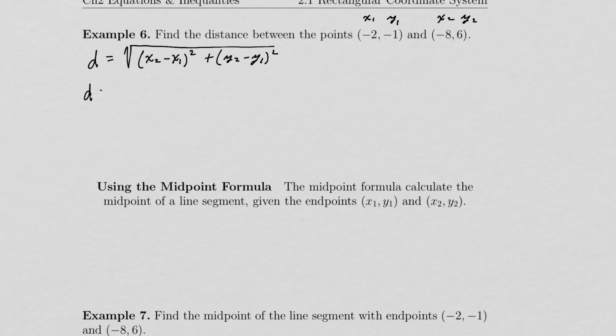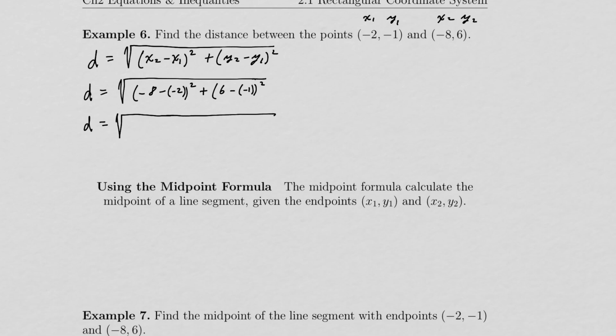So this will be -8 minus a -2 squared plus 6 minus a -1 squared. Then you've got to be really careful with signs here. So what's -8 minus a -2? Well, that's going to be -8 plus 2, which is -6.